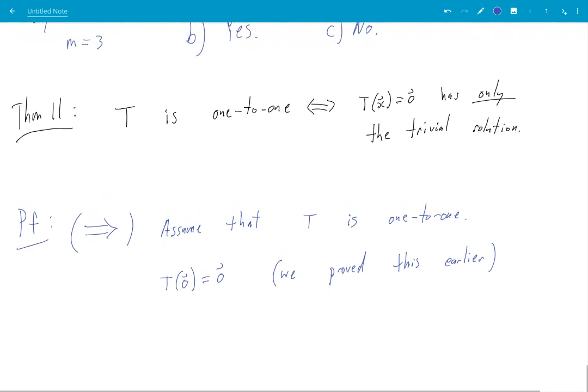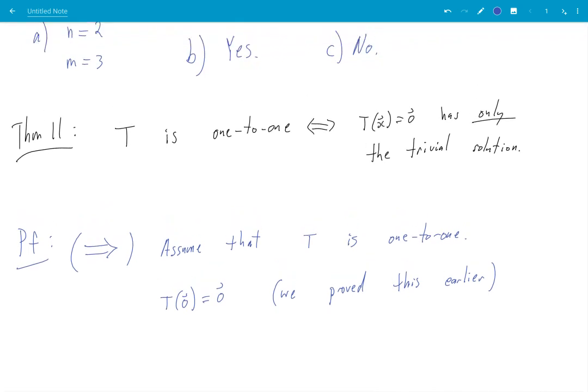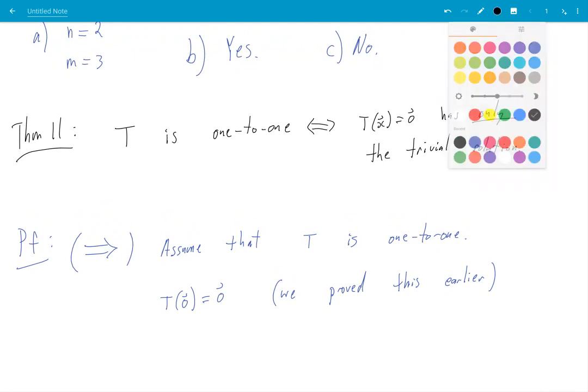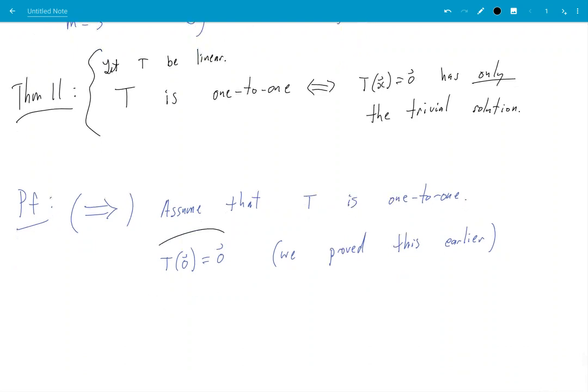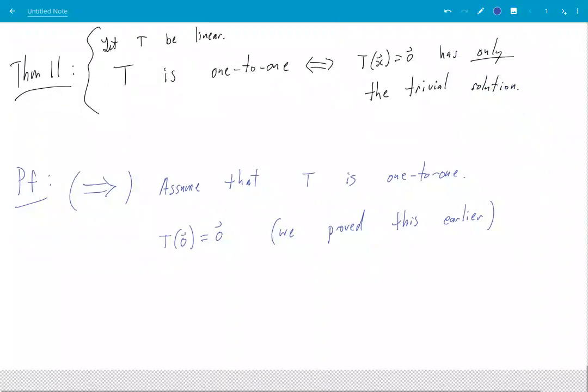And let me see, I feel like I'm forgetting something here. Oh, theorem 11, I believe I need to say that T be linear. I need to have a linear transformation. For theorem 11, add this little bit at the top. Okay, we proved earlier that T of the 0 vector is always the 0 vector if T is linear.